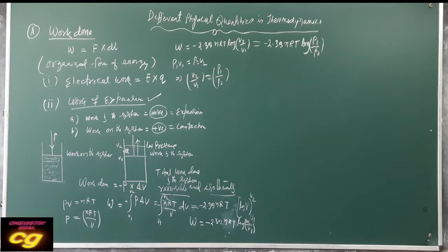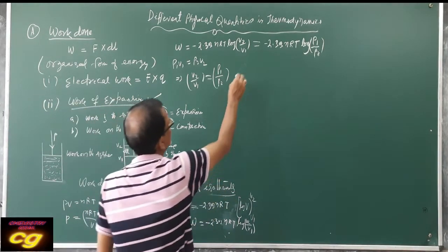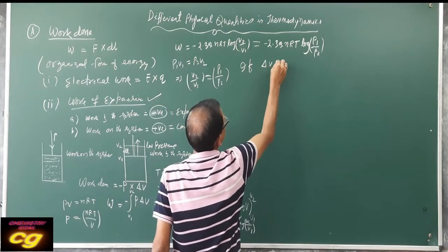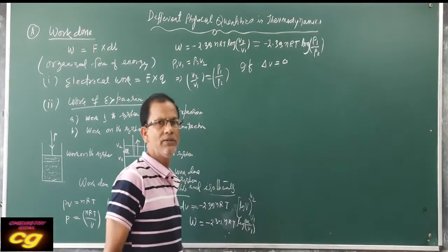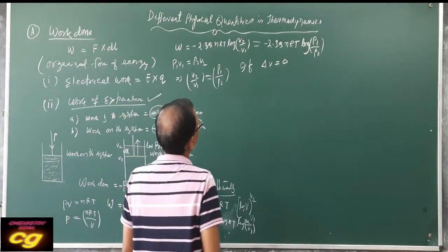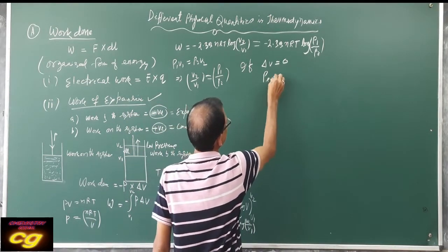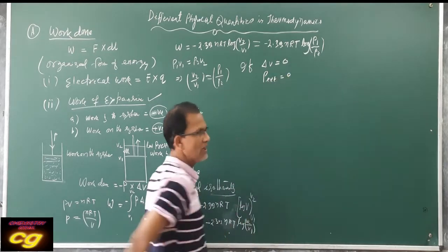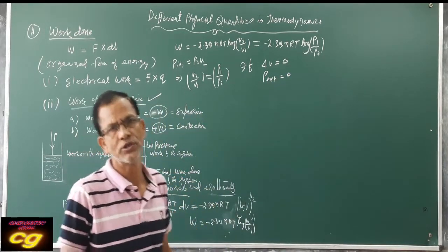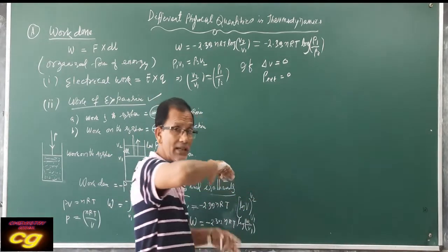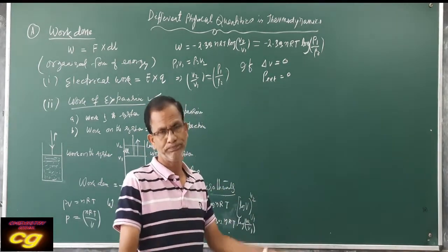But if there is a condition, if del V is equal to 0, there is no change in volume, or another case, if external pressure P is equal to 0, there is no external pressure on the piston, then what happens? That means gas is kept in vacuum.